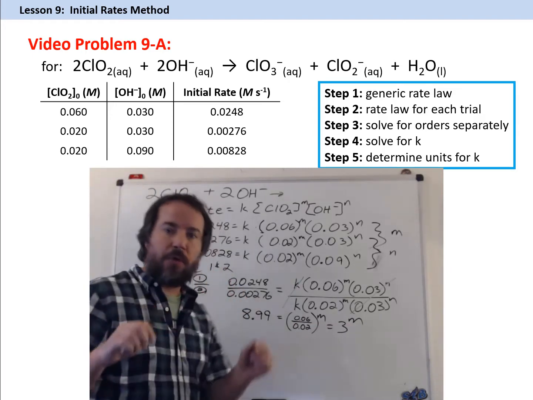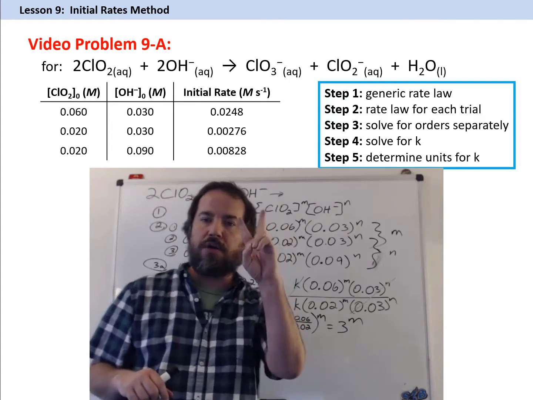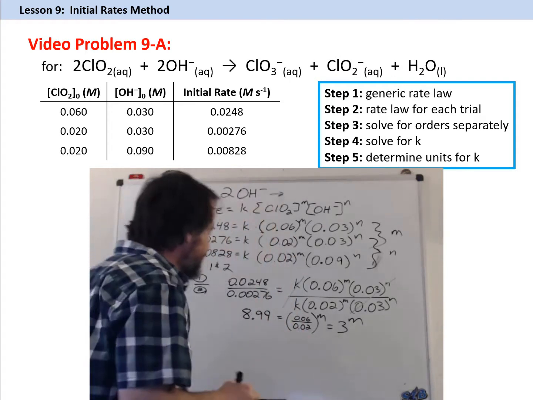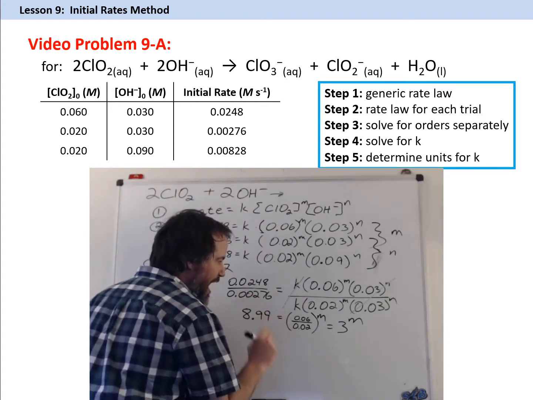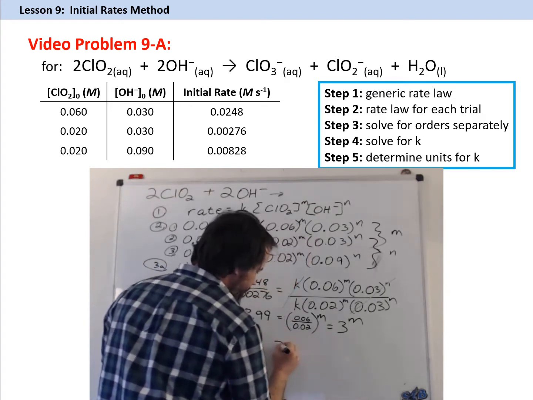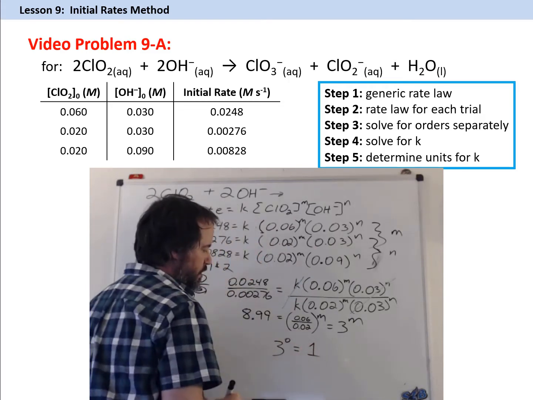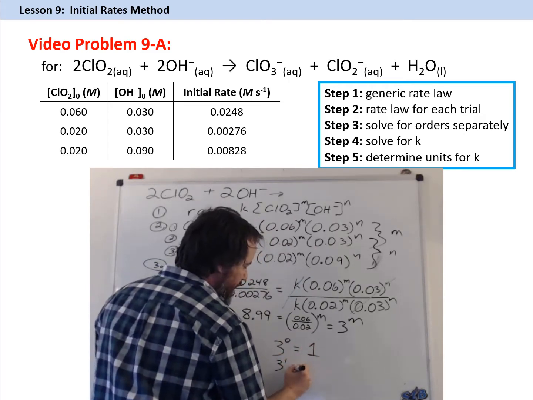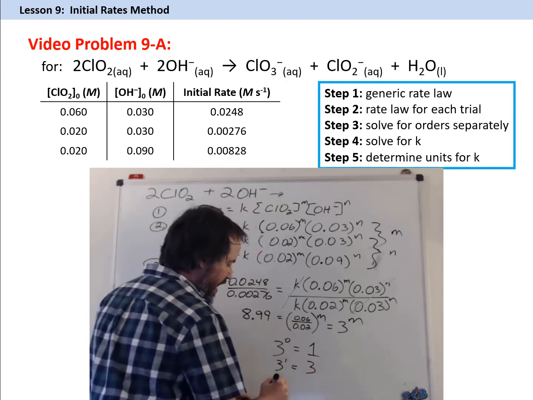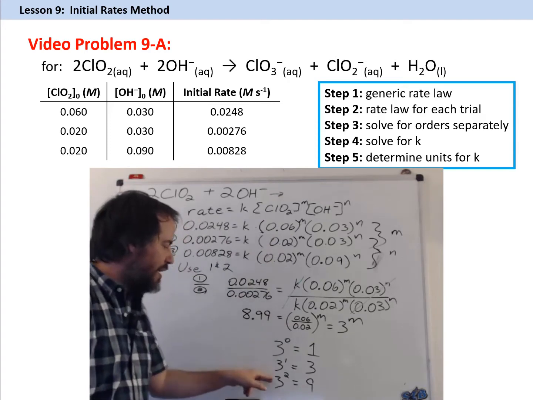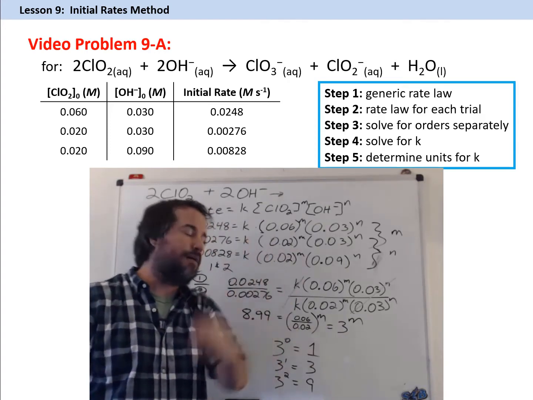Remember what we said: m can either be 0, 1, or 2. It can be more things, but in this class, you usually see those. If I had 3 to the 0, that will get me 1. If I have 3 to the 1, that will get me 3. If I have 3 to the 2, that will get me 9, because 3 squared is 3 times 3.